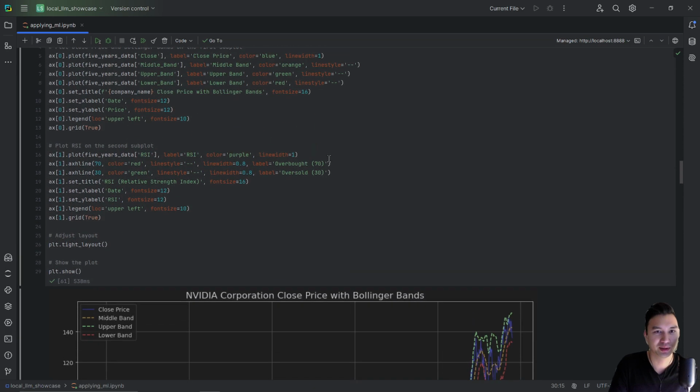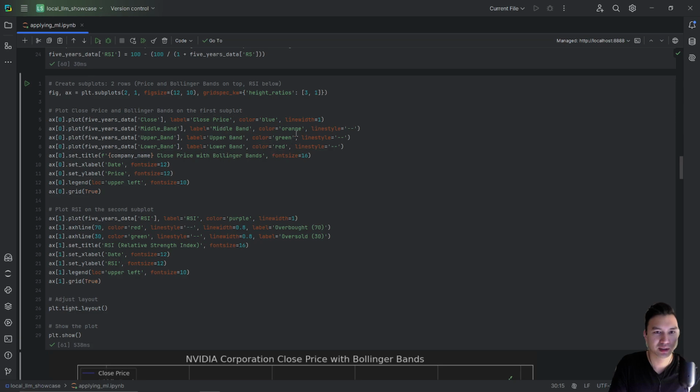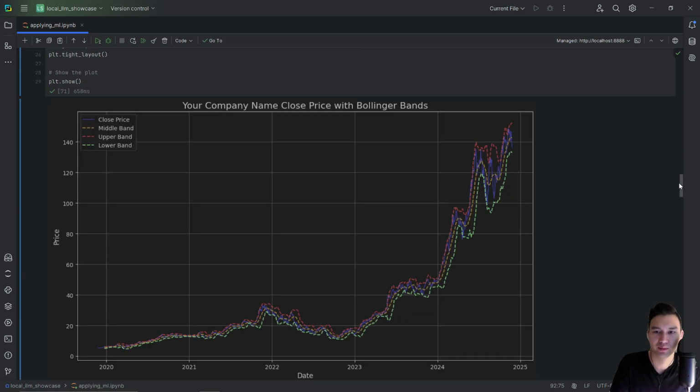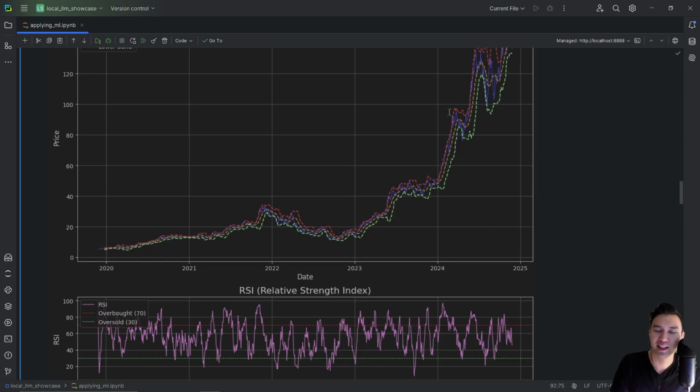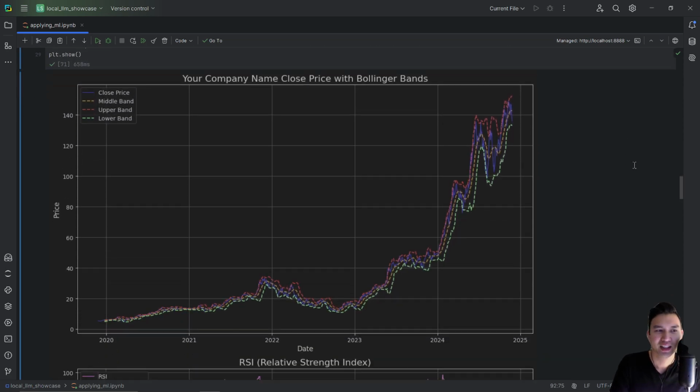Let me do that. Let's just change this up so it matches. Okay, there you go. So if it hits the red, you're supposed to sell. If it hits the green, you're supposed to buy. That's basically what these technical indicators are saying.